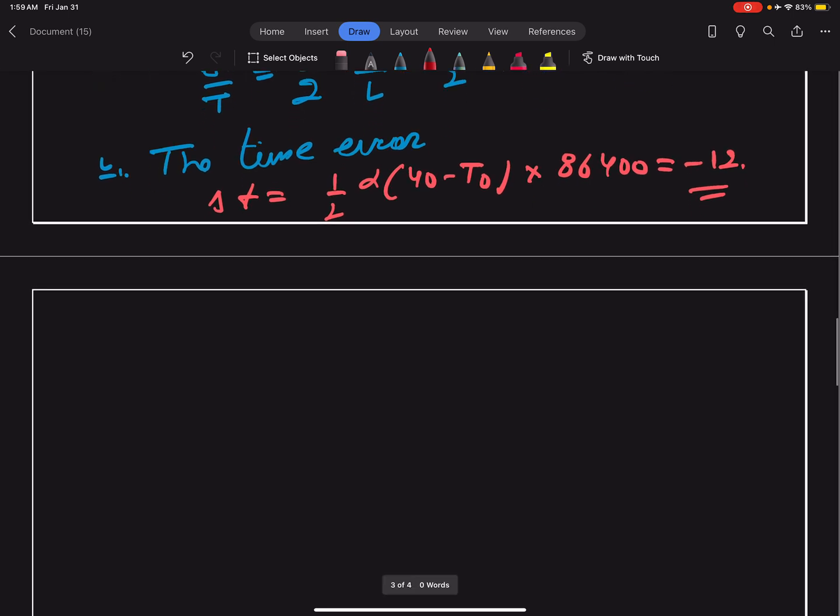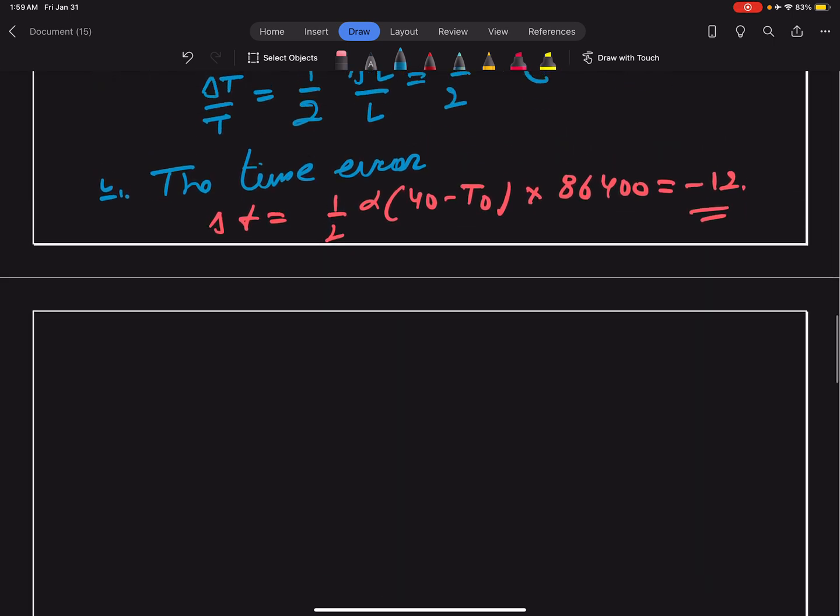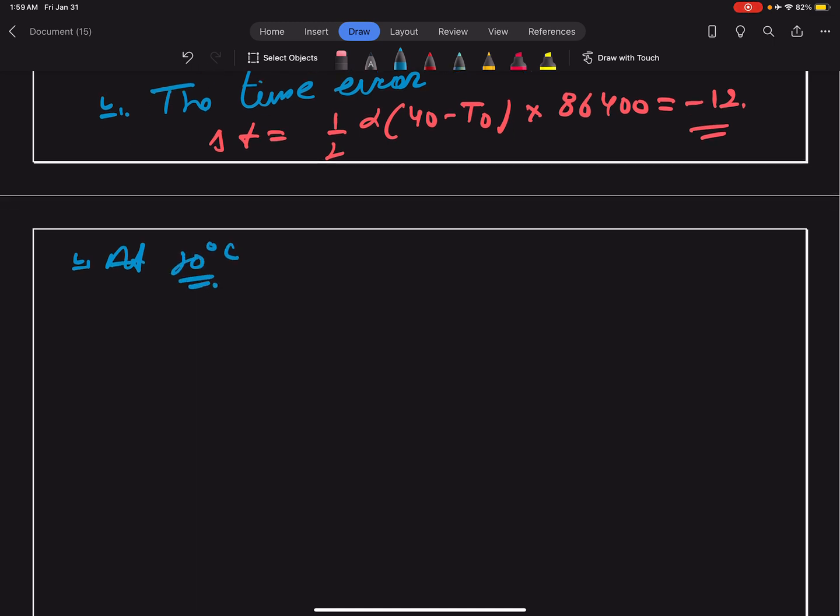Similarly, we can write same equations for the temperature of 20 degrees centigrade. So first is our change in temperature, that is our delta T will be equal to 20 minus T naught.